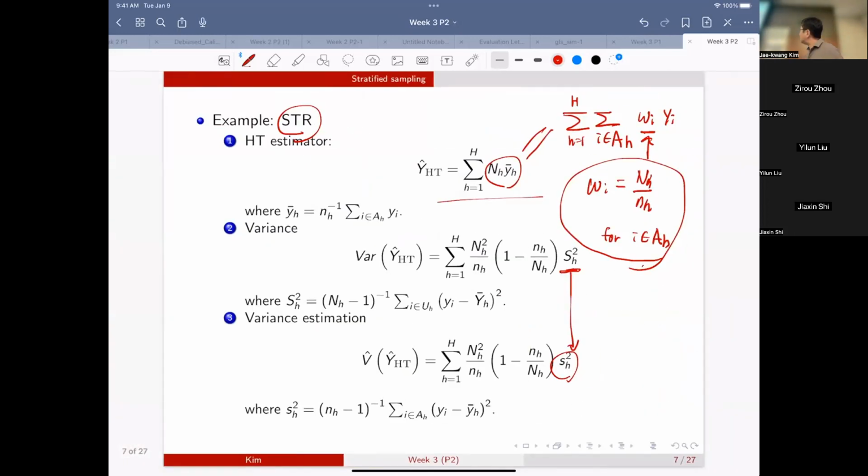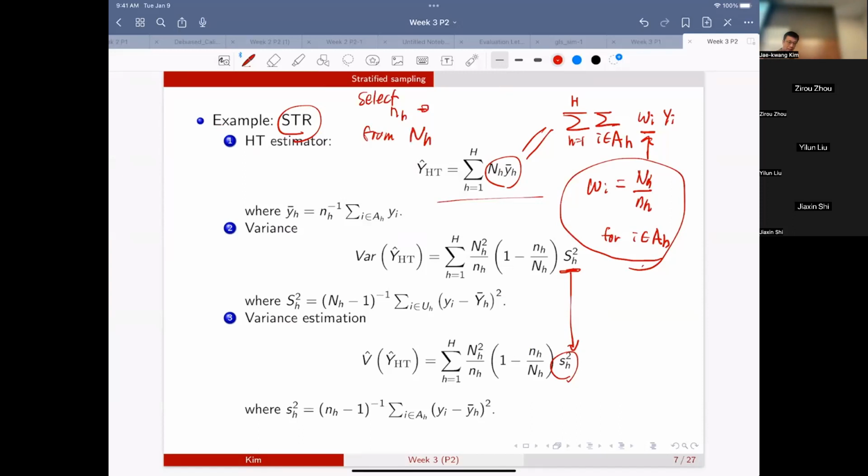Because our selection is selecting nh from Nh with equal probability, the weight should be capital Nh divided by small nh.